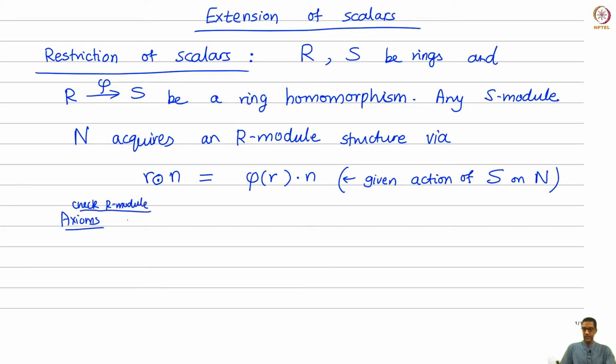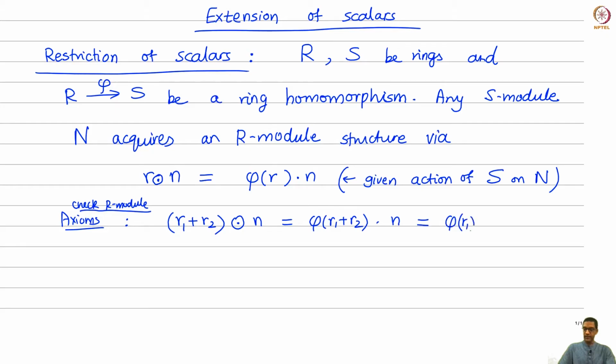So what all do we need to check? Well, N is still an abelian group, that's all right. We just need to check things like, if I take R1 plus R2 and act on n, will it give me the sum? Is there distributivity? So this by definition is phi of (R1 plus R2) acting via the given action on n, but phi is a ring homomorphism.